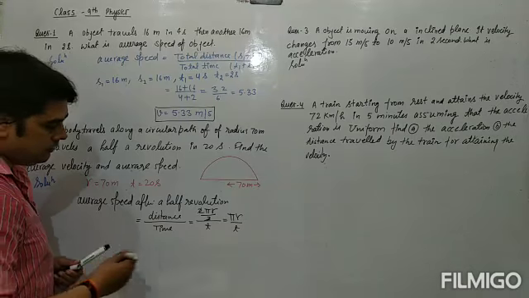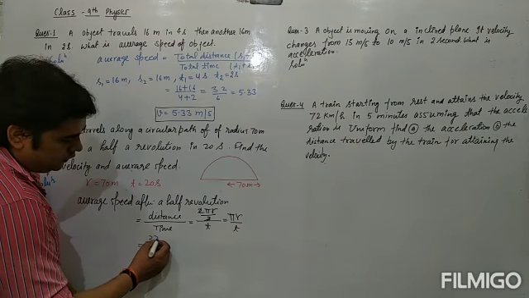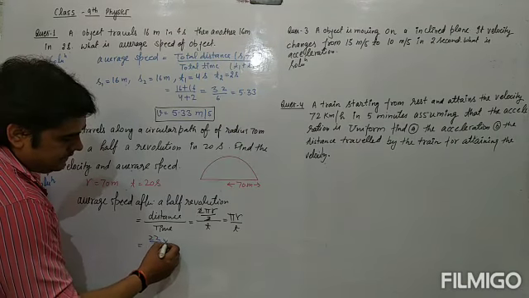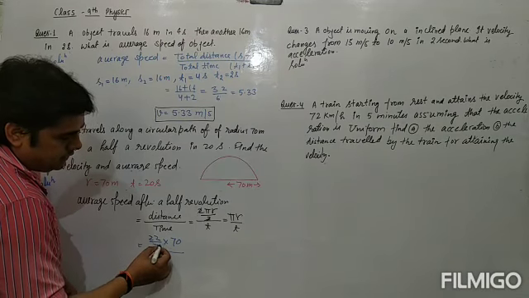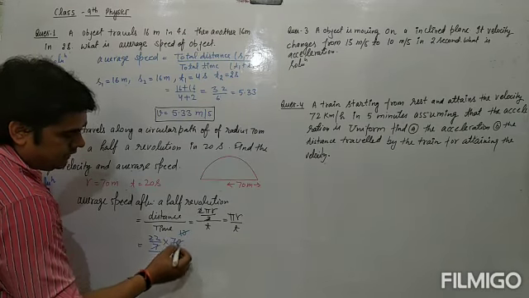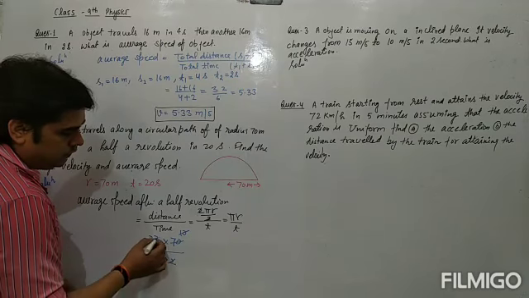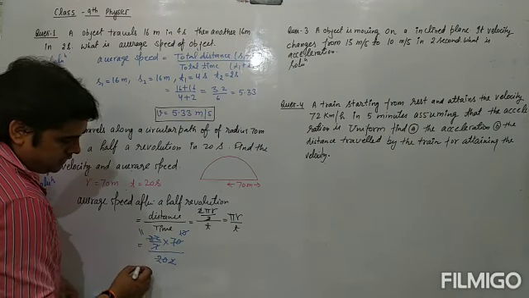When we put the values, pi is 22 by 7, r is 70 and time is 20. 7 tens are 70, 2 tens are 20, 2 elevens are 22.